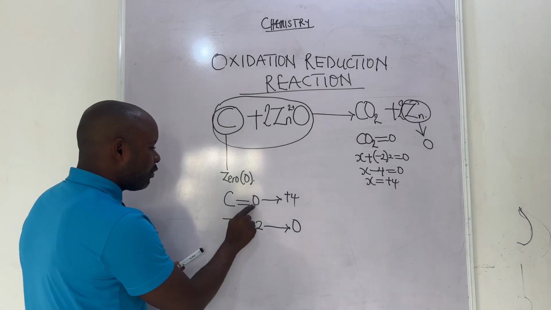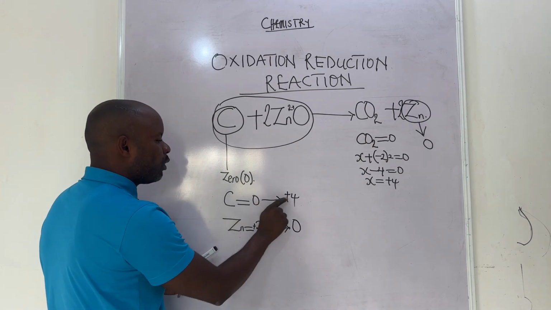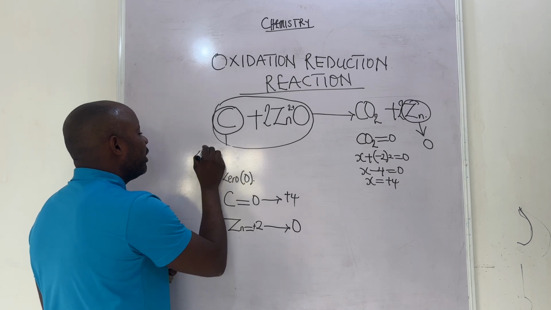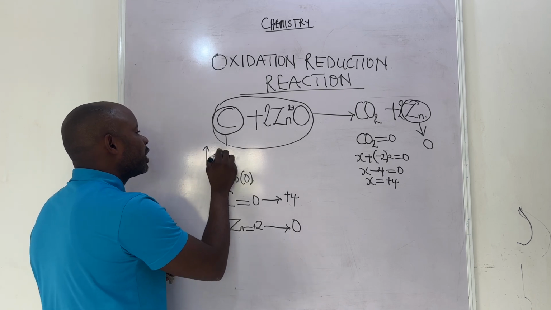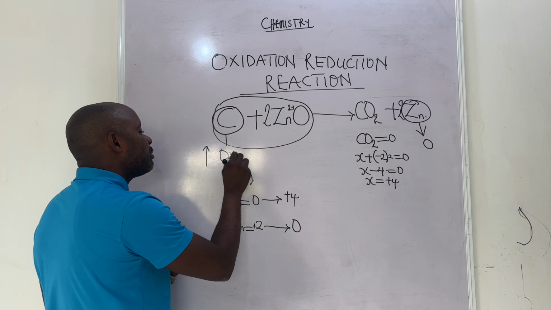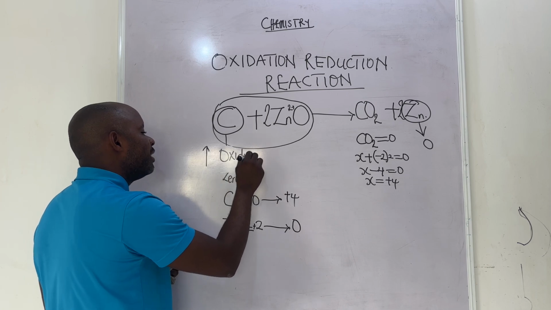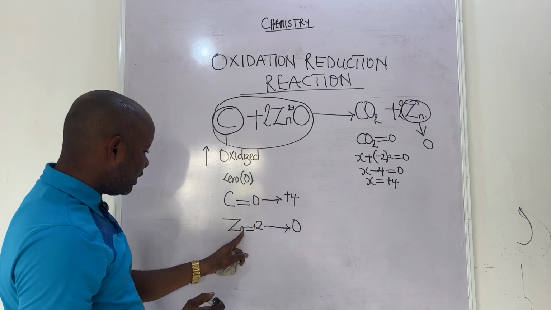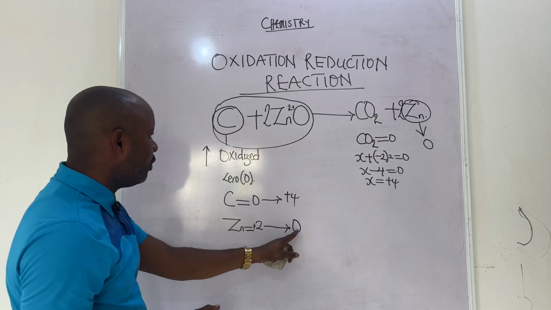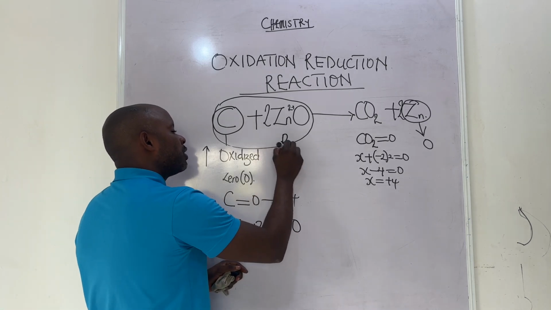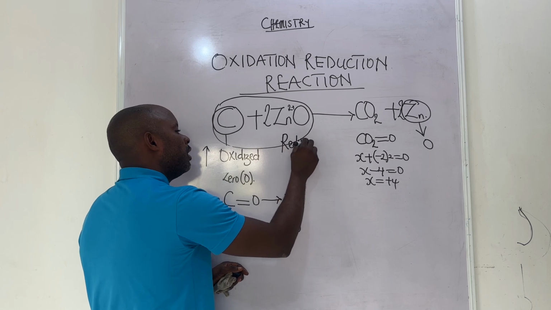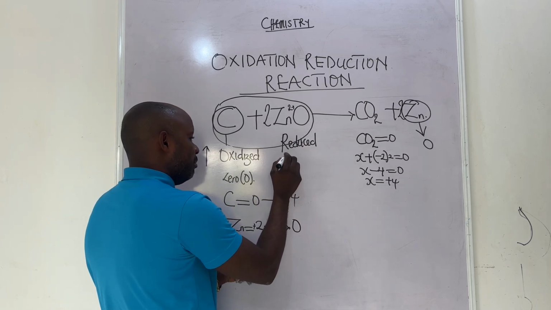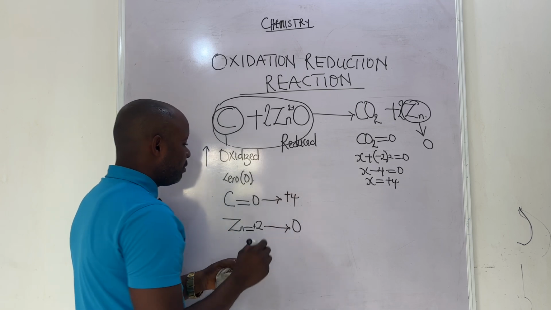Since carbon moved from 0 to +4, there's an increase in oxidation number. In such a case, carbon has been oxidized. Zinc moved from +2 to 0, so it is reduced in the process.